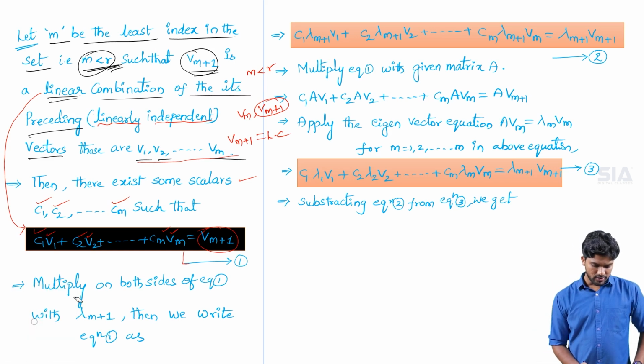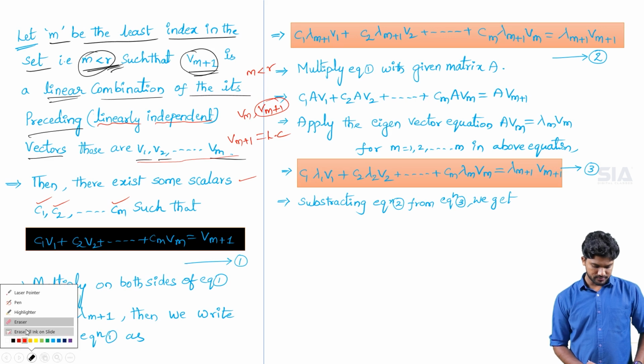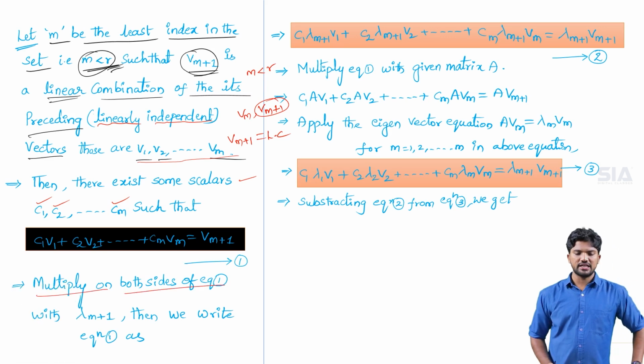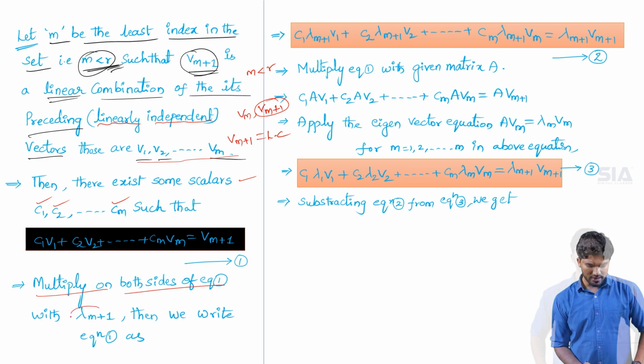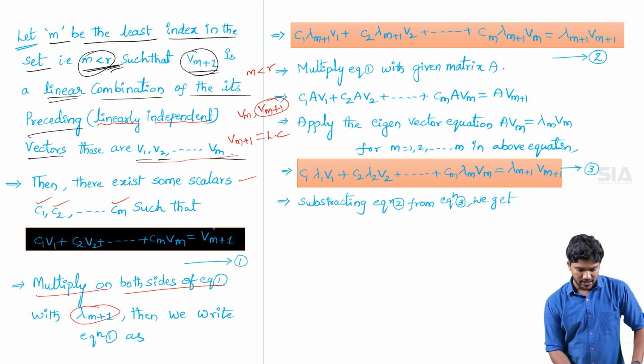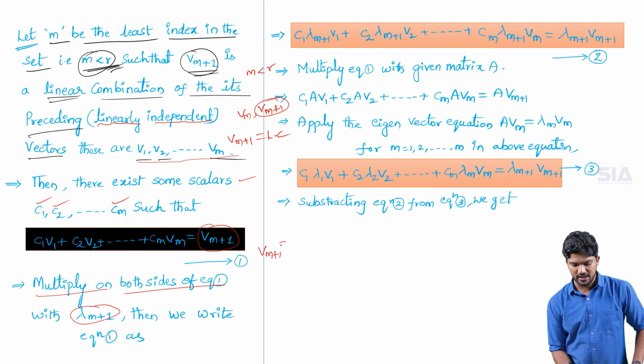After getting equation number 1, observe that we multiply both sides of equation number 1 with one eigenvalue, lambda m plus 1. Why? Because v suffix m plus 1 is the eigenvector, and that eigenvector is obtained from the eigenvalue lambda m plus 1 only.